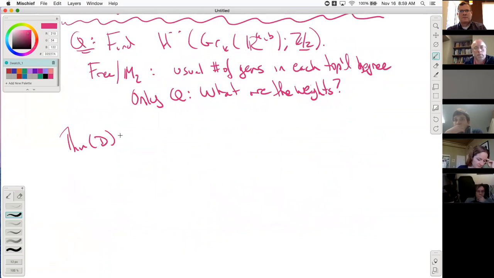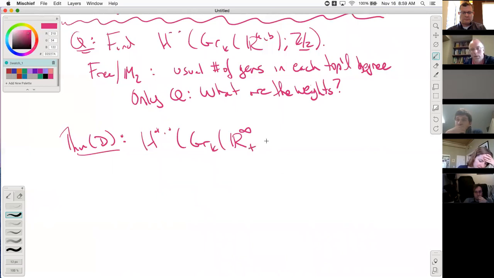There was a theorem of mine from a few years ago where I was able to do the infinite Grassmannian. So if you take Gr_k for the complete universe, so infinitely many copies of R with the trivial action and infinitely many copies with the sign action, this one's known.